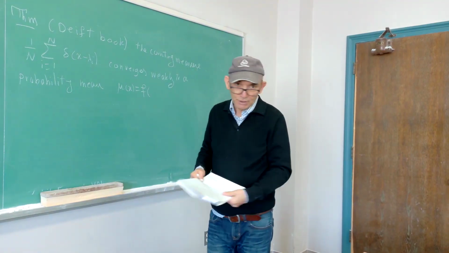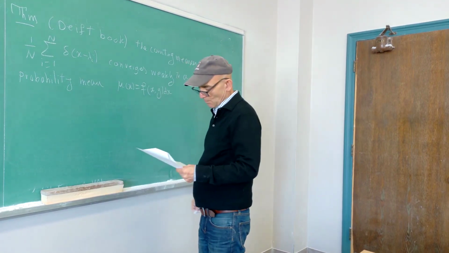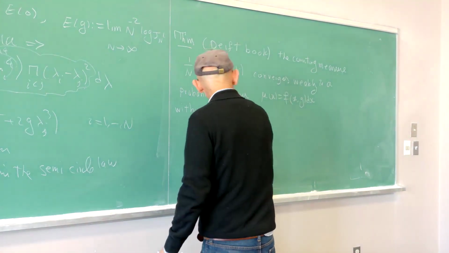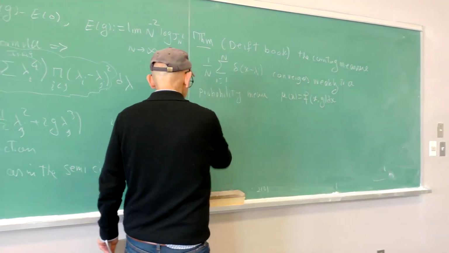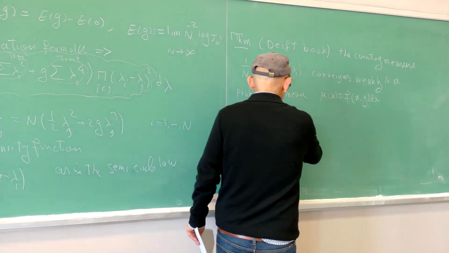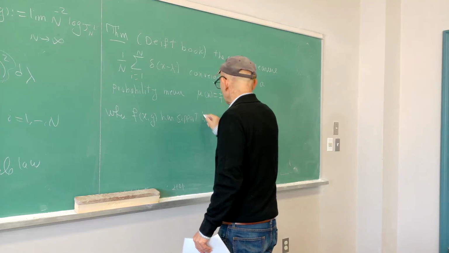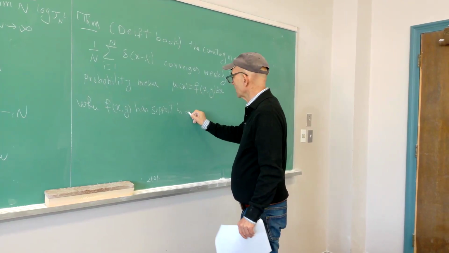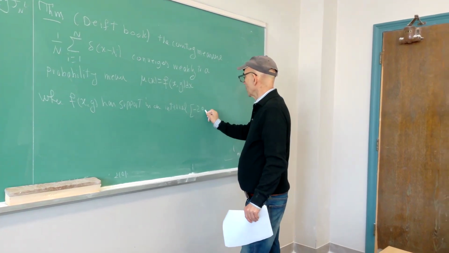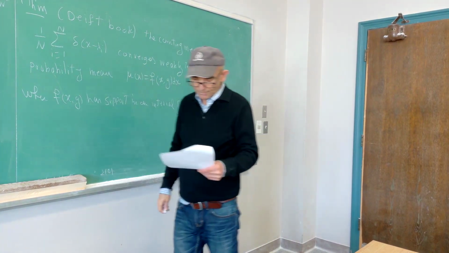So it has a weighting function, which I call f of x and g, dx, where f of x and g has support in an interval minus 2a to 2a.